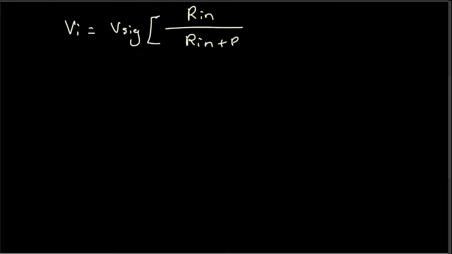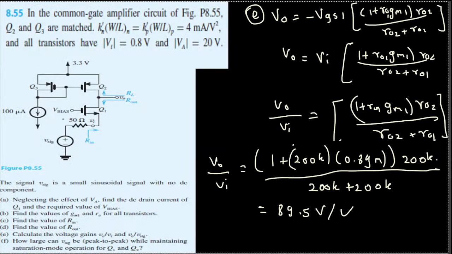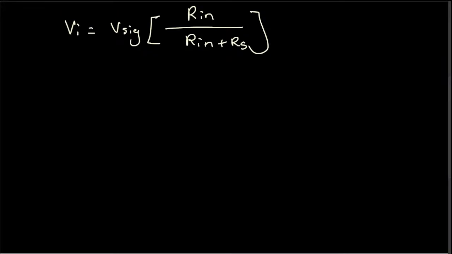The relation you need to know is that the input voltage is equal to vsig times the voltage divider, Rin over Rin plus Rs. You can see Rin right here in the diagram, and this 50 ohm resistance is the Rs. So this is the equation we use.